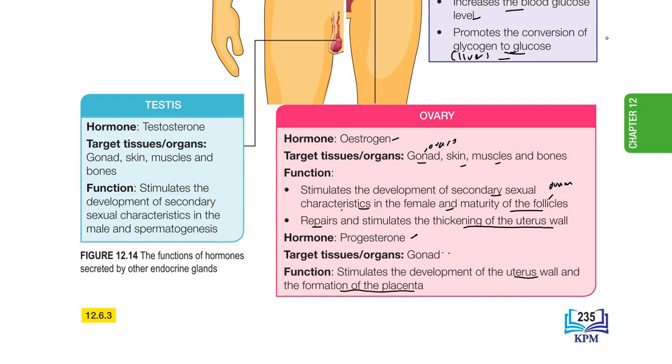This is important for pregnancy, because the uterus wall develops for embryo implantation. The embryo will stick here, will implant here, and the placenta forms. So this is for pregnancy, for females, secreted by the ovary.